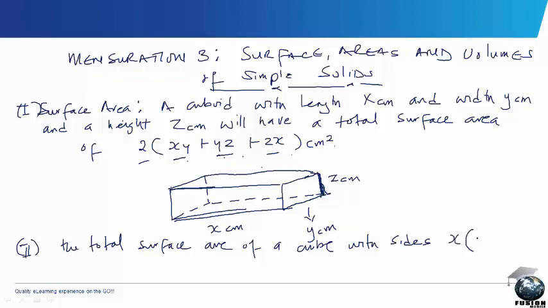If it were a cuboid, it would have x, y, and z. The difference is just that in a cube, all the sides are equal. The total surface area is 6x raised to the power 2.